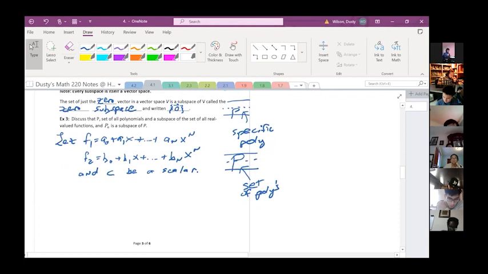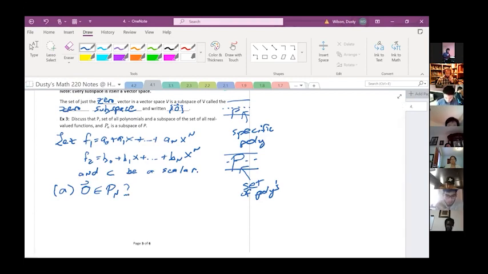So for A, we want to know, is 0 an element of Pn? Yes, no, and how do I show that? I got a yes from Ahmed. What do I need to do to show that 0 works?